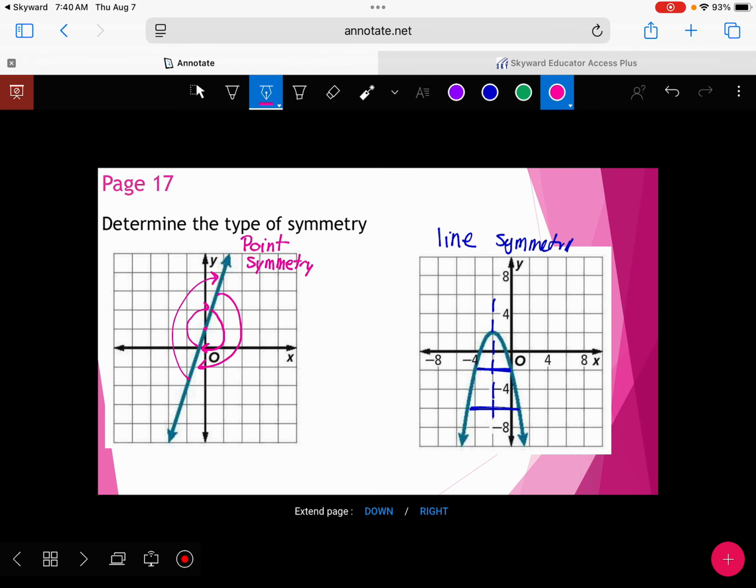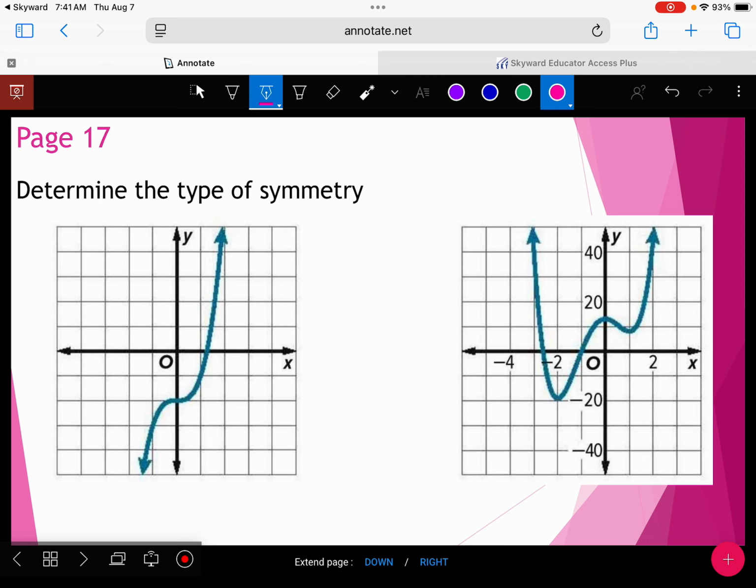Okay. We're going to do 2 more like this. So let's see if we can figure out point symmetry or line symmetry on these 2. I'm going to grab this thing again because it's just easier to manage.